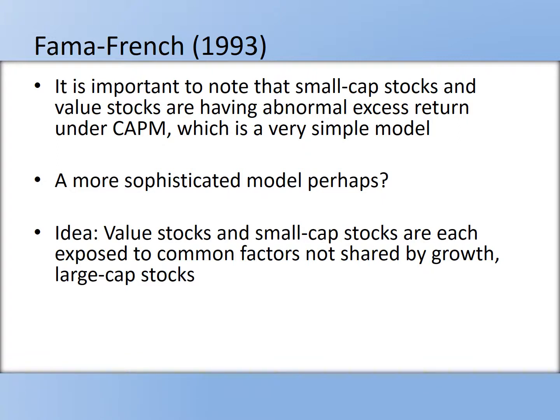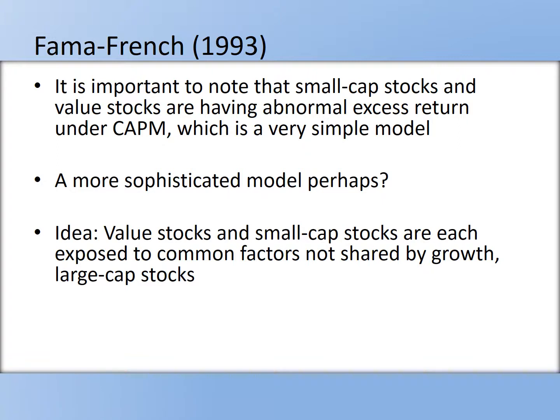So the idea is, why would a company have a high book to market ratio? One way of seeing that is that the market is discounting what is shown on the books. So if you believe the market is efficient, then there must be some risk involved that is not indicated by the book value.